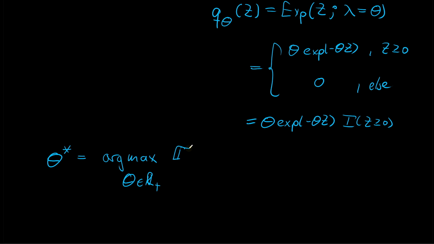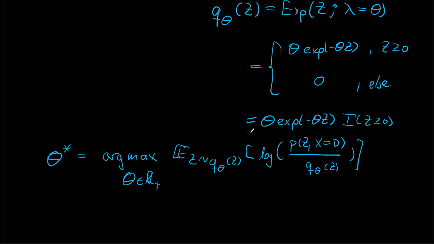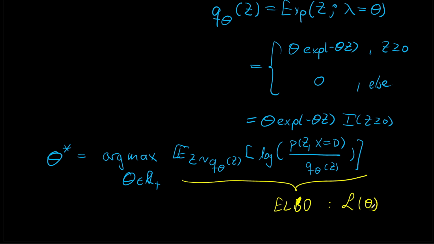And again, we will have our expectation over z given by Q theta of z on the logarithm of P of z and x being fixed to the data, divided by Q theta of z, and then closing brackets here. And this will now be the evidence lower bound. So that is again the ELBO, but now this ELBO is a function of theta. Given different theta values, we will have different ELBO values. And now we want to find that theta which maximizes our ELBO.